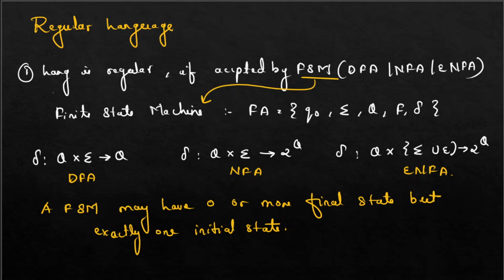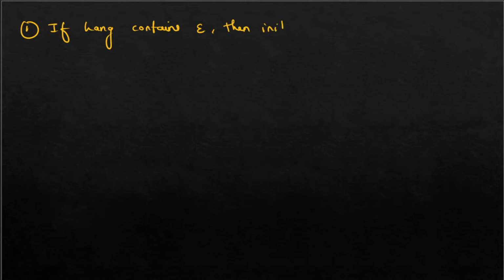Yes, so let's see the statements one by one. First statement: if the language contains epsilon, then the initial state will be a final state. The initial state will be called a final state if the language contains epsilon.